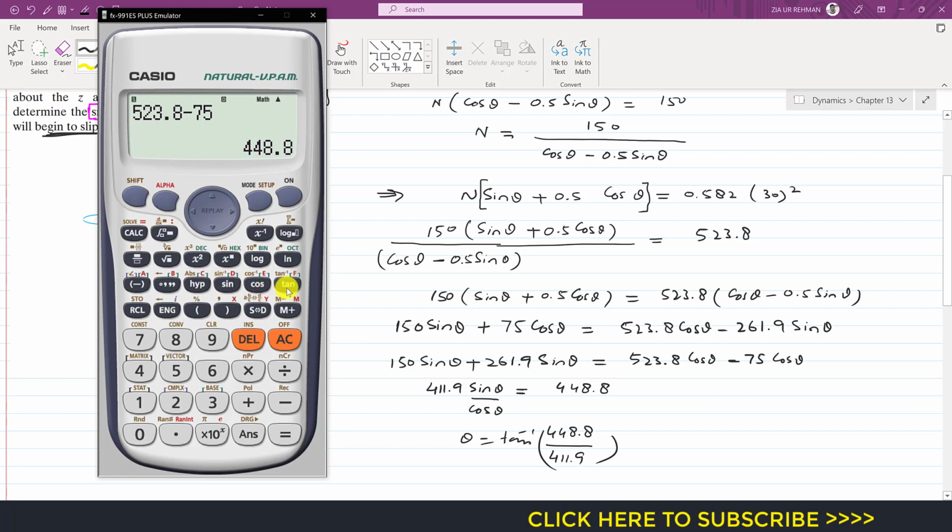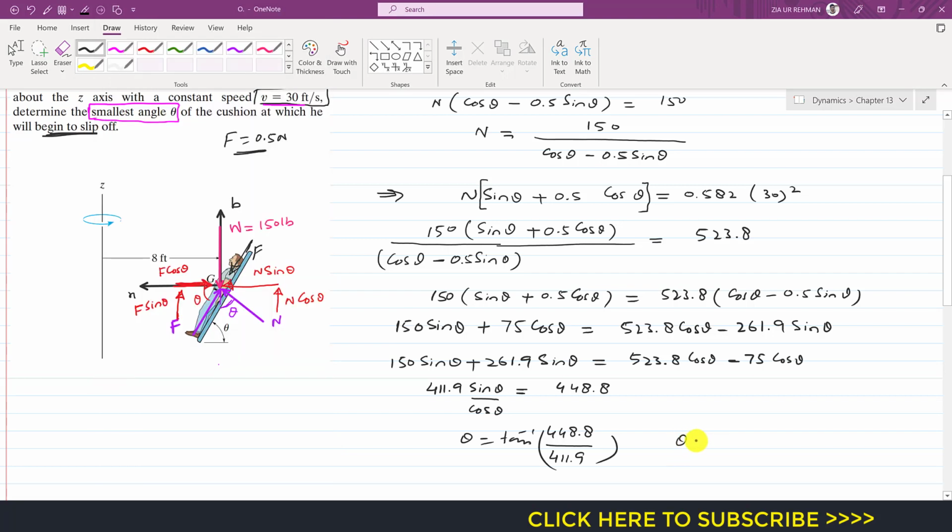So this is tan inverse of 448.8 divided by 411.9. This gives us theta equals 47.45 degrees for the second case. So this is the smallest angle theta for which the man will begin to slip off the cushion.